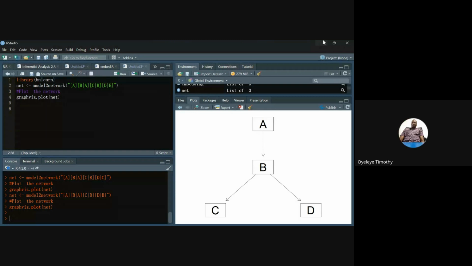Let me read the question and answer it. In d-separation, when is a path considered blocked? I will choose the answer C, when certain structures are conditionally connected. Okay, can you explain why you're choosing that?